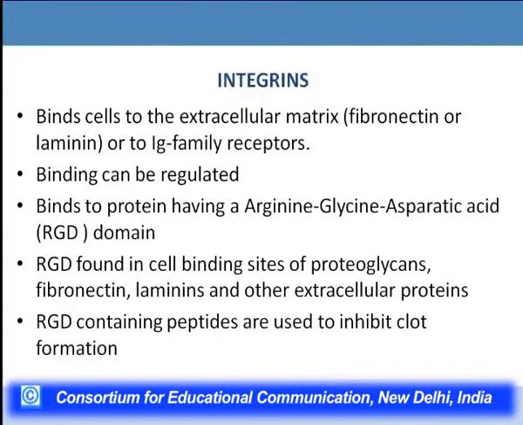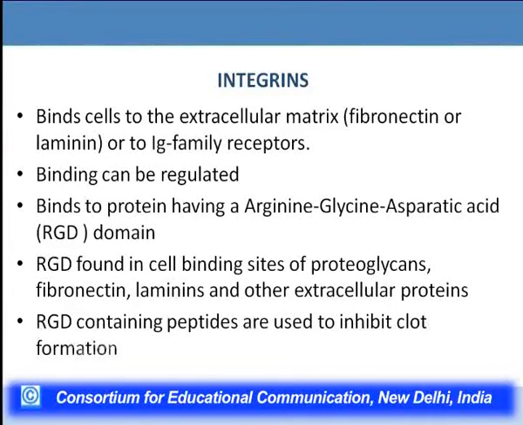Now, this integrin protein, apart from binding to proteins of the extracellular matrix, also binds to proteins known as the Ig family, which are present on various cell types, and this binding of integrin to such proteins can be easily regulated. Usually, integrins bind to proteins which have a specific arrangement of amino acids known as the arginine, glycine and aspartic acid domain, and this domain is found in all the ECM proteins like proteoglycans, fibronectins, laminins and other ECM proteins.